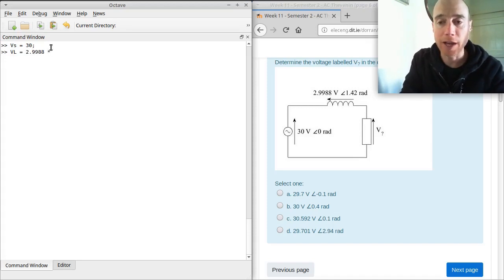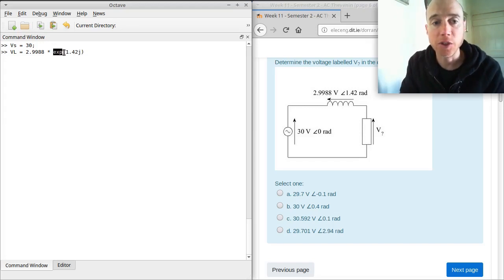but this time I have to add a phase angle to the complex number. So I'm going to multiply that by exp(1.42j). This is the exponential function, meaning it's going to raise the mathematical constant e to the power of whatever is inside the brackets.